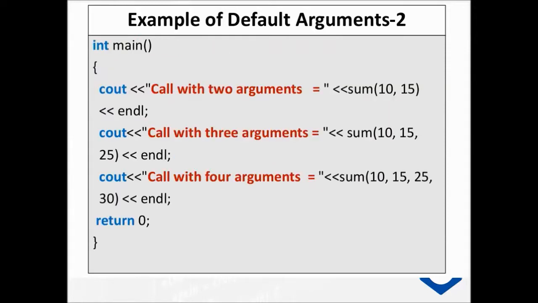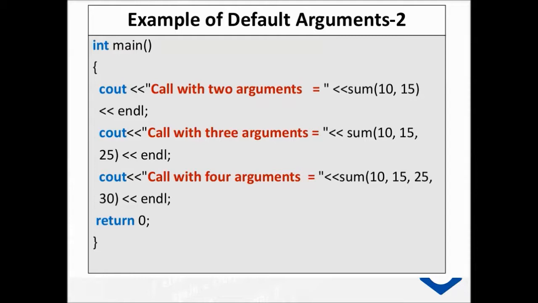In the main program, the first line is called with 2 arguments. We call this function sum and pass it two values, 10 comma 15. When this function is called, 10 goes to the variable x and 15 goes to the variable y, while z and w take the default values.